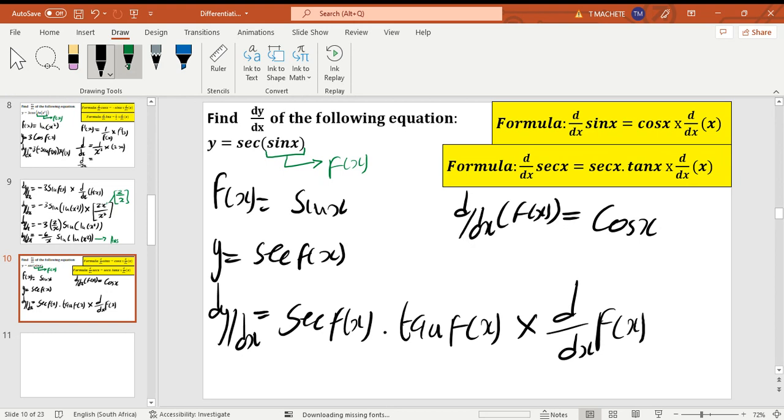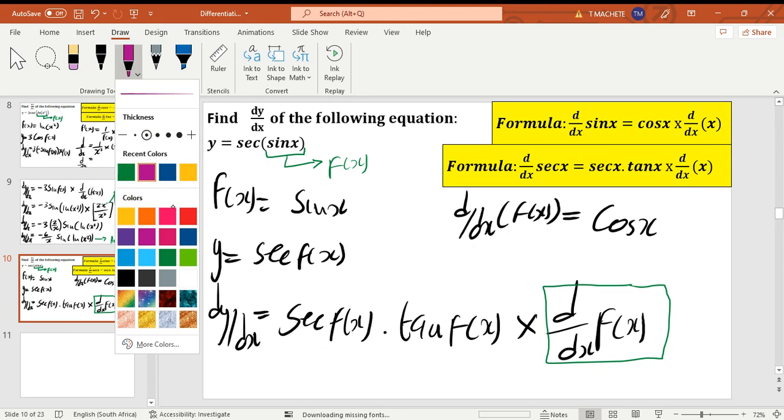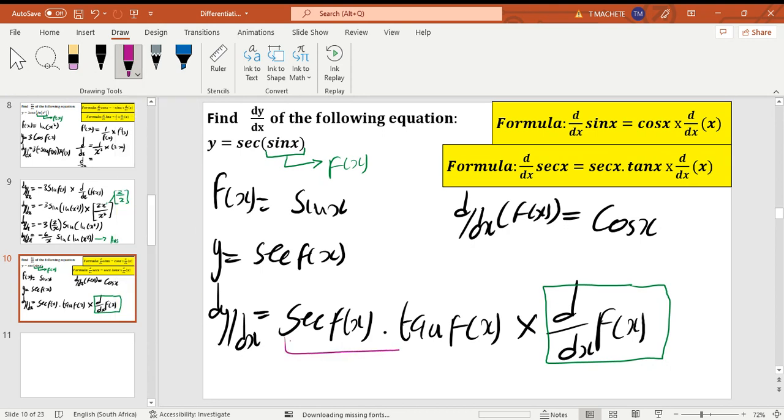For every formula, guys, when you differentiate, after identifying your f of x, you have to multiply by the d over dx of f of x. Always. So this answer is for differentiation of sec f of x. Always you have to multiply by d over dx of that f of x.